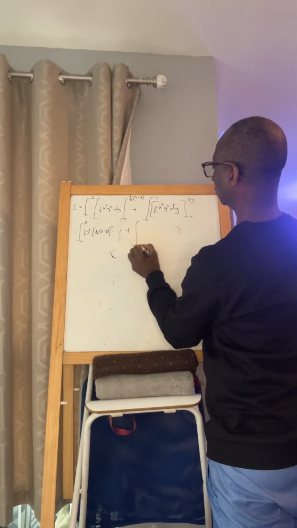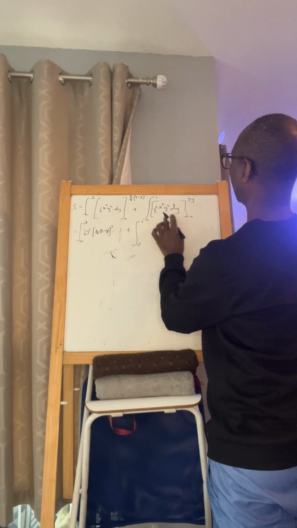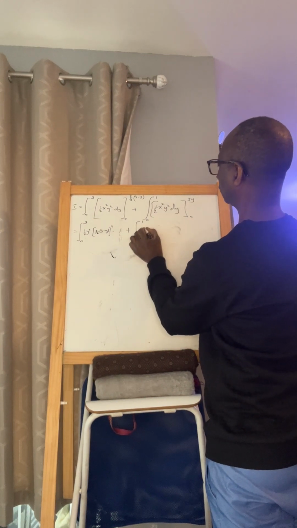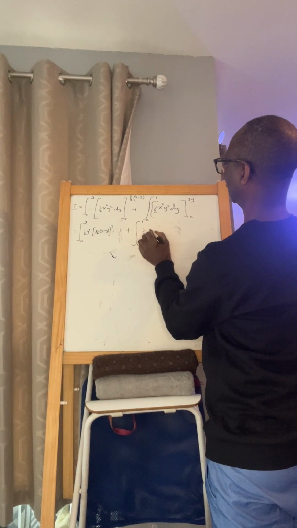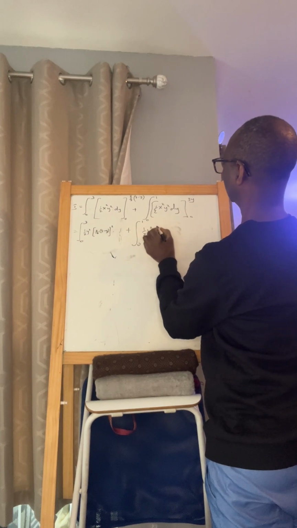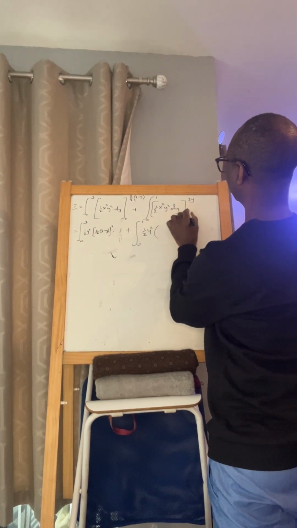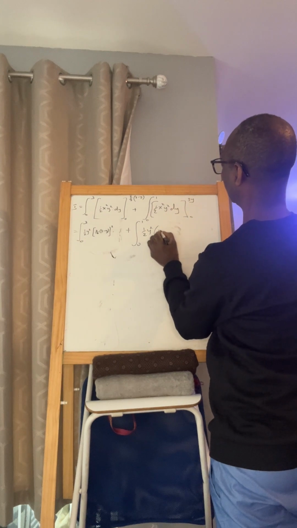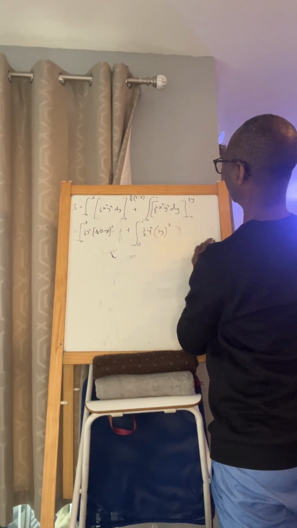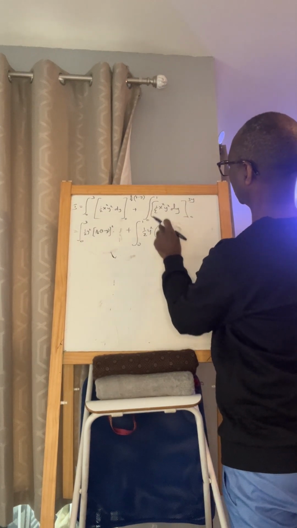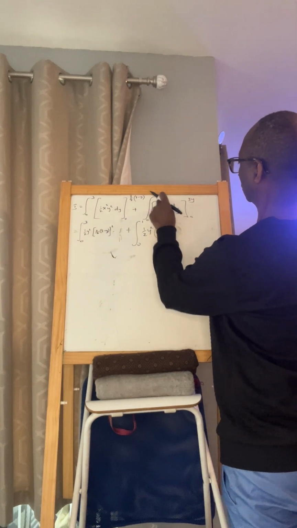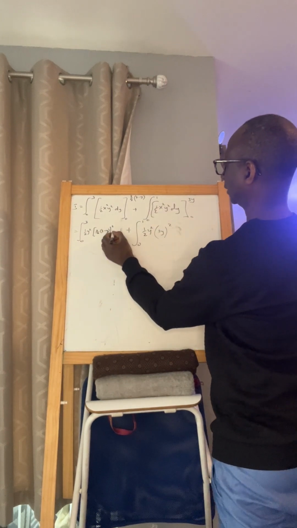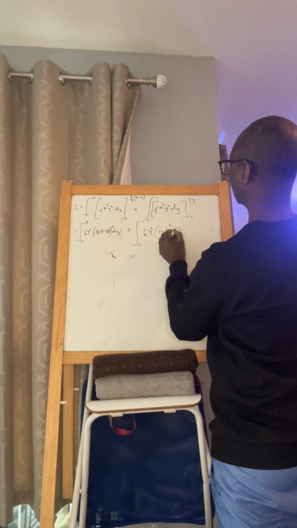You have 0 to 1. Again here, 1/2 y squared. And now your x here becomes 3y squared, dy.